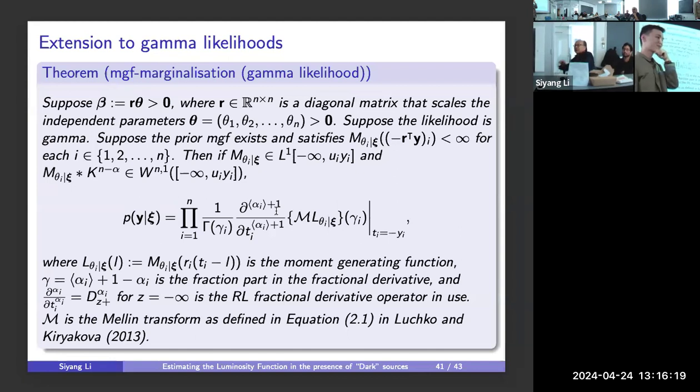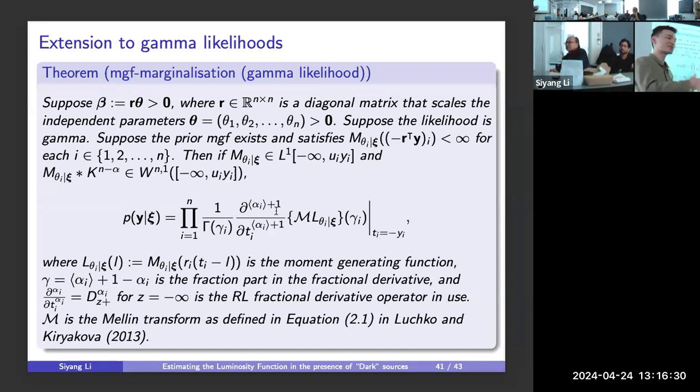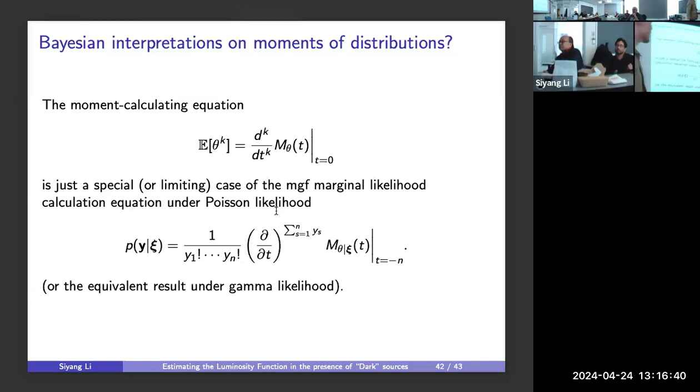There's still, that's harder now. Yeah, it is harder. It's not as easy as the other. Yes, and better if it's an Erlang distribution, which only takes integer shape parameters rather than the gamma shape parameter, then it would be easy again. And the last slide is that maybe we can have some Bayesian interpretation of these formulas.